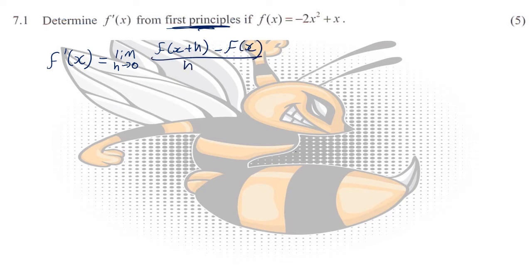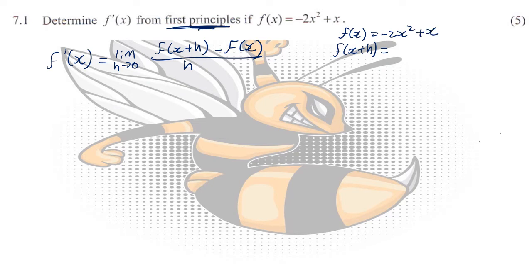Now, remember, to find f of x plus h, we simply take f of x, and everywhere we see an x, we replace it with x plus h. So f of x was minus 2x squared plus x.